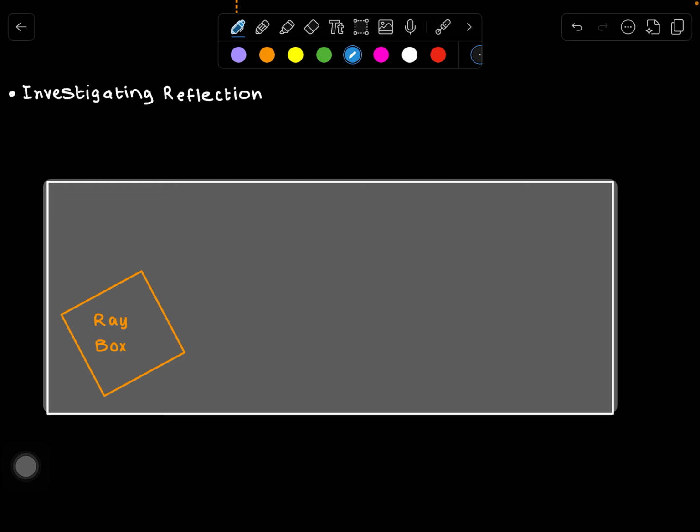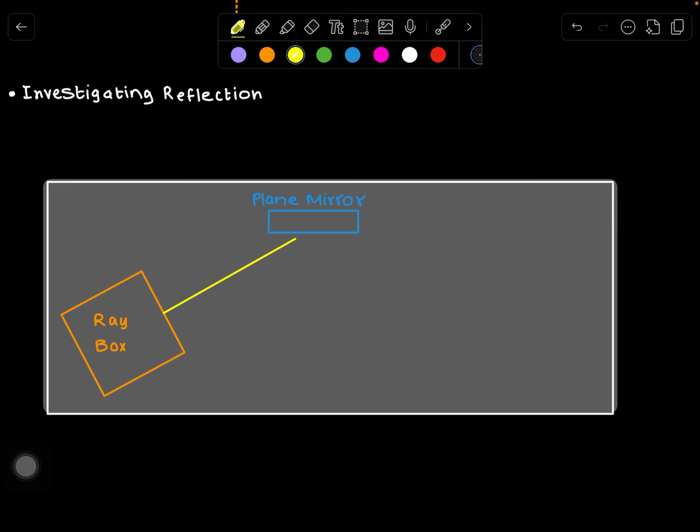और आप एक mirror लेंगे, plain mirror. And then of course you need a pencil. आप करेंगे क्या, आप इस ray box को on करेंगे तो इसमें से एक ray निकलेगी, right?